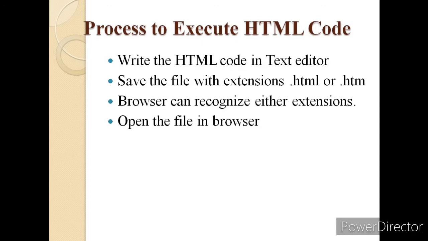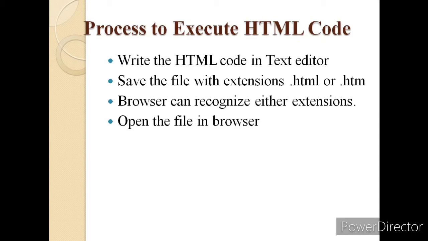Now, once you write the HTML code, how will you execute it? As I said before in the prerequisites, to create a website with HTML you first need a text editor and a web browser. So first you write your code in a text editor, and save that file with the extension .html or .htm. If you save your file as .html or .htm, then your text editor saves it as a web page.